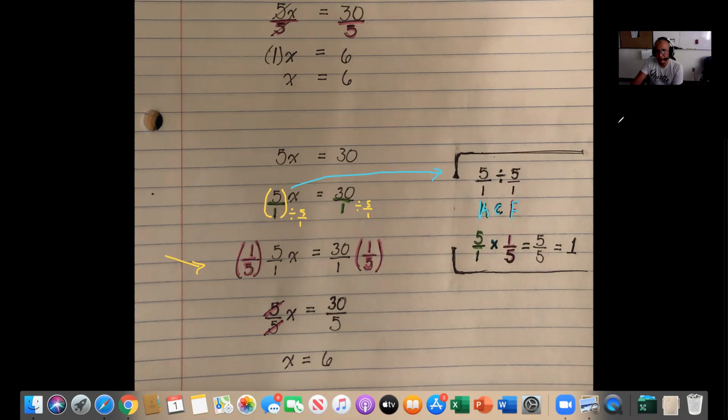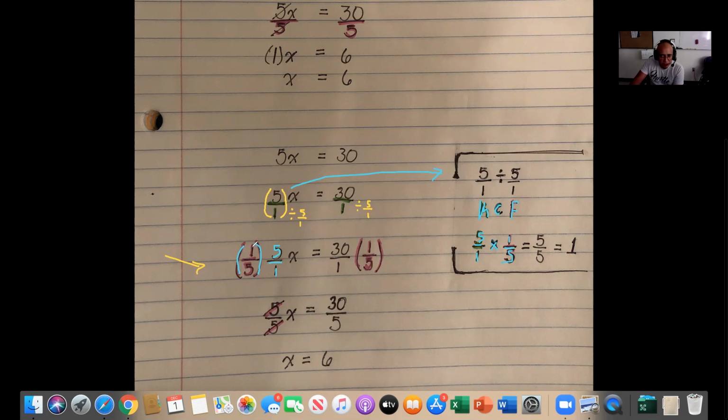So I'm going to keep the 5 over 1, check. That's where this 5 over 1 is, I'm just keeping it exactly the same. I'm going to change the division to multiplication, check, I am multiplying, okay? And I'm going to flip the second 5 over 1 into its reciprocal, which is 1/5.